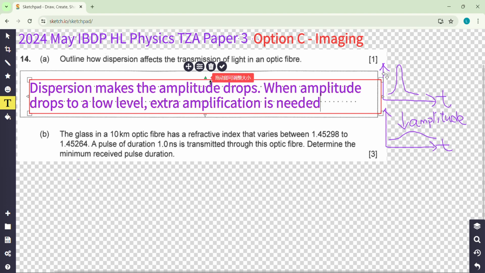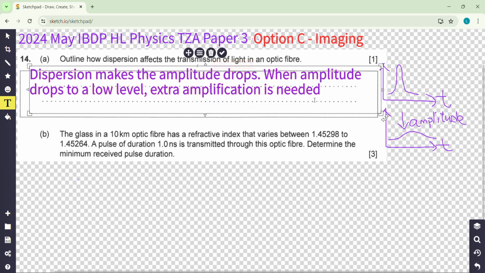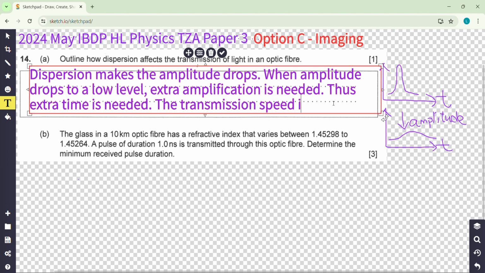So what's the problem of amplification? Because when you do amplification, extra time is needed. The transmission speed is lowered. There will be a bigger time lag when you do so.